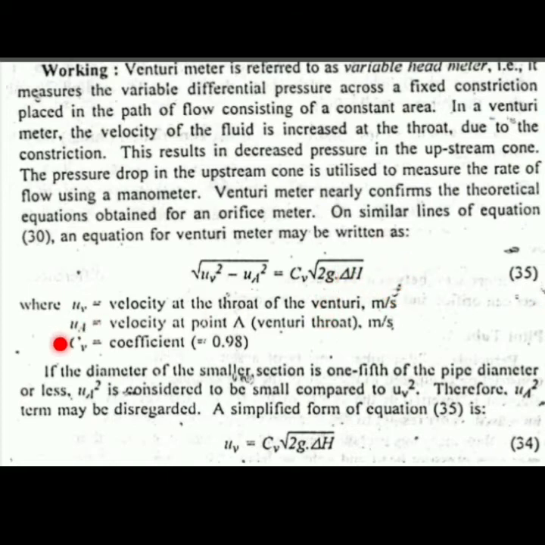Here uV is the velocity at the throat of the venturi, uA is the velocity at point A, and Cv is the coefficient, that is 0.98. It is a constant.